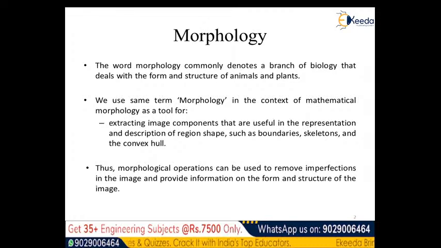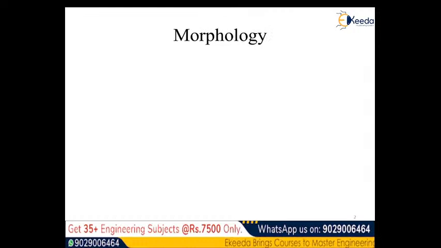This takes us to one of the popular applications of morphological image processing operations in the domain of signal processing, especially two-dimensional signal processing, that is image processing. Here I show you a visualization as an example. Suppose we have the image obtained after performing segmentation.